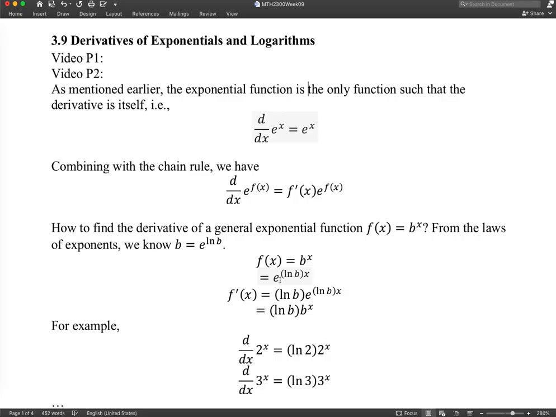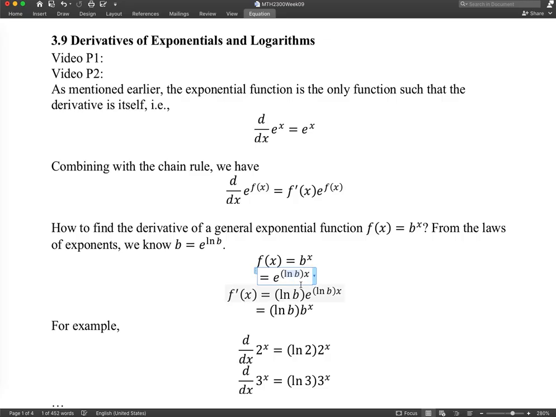And from here, I'm trying to highlight that it is e to the power of a function, right? So using the exponential function combined with the chain rule, the general exponential rule, we calculate the derivative by keeping the original exponential function and taking the derivative of the exponent. Maybe it's worth focusing on this ln of b for a little bit.